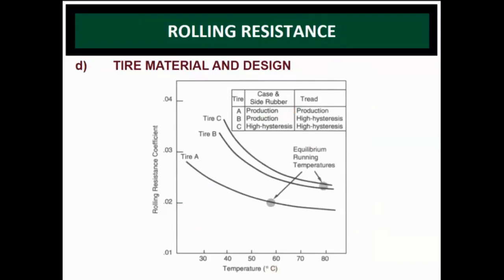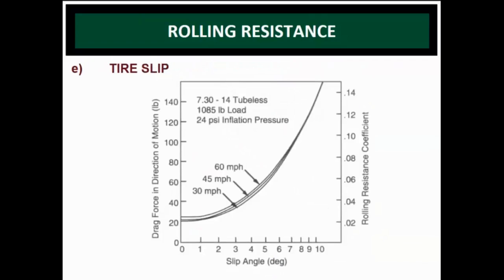And then the next case is tire slip. Tire slip. The x-axis is the slip angle, and then this is the speed of the tire.